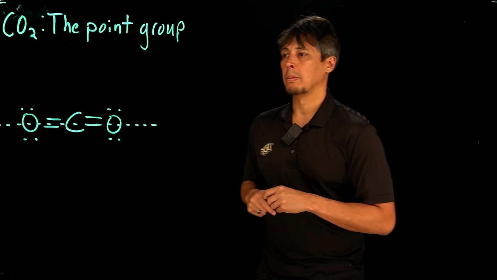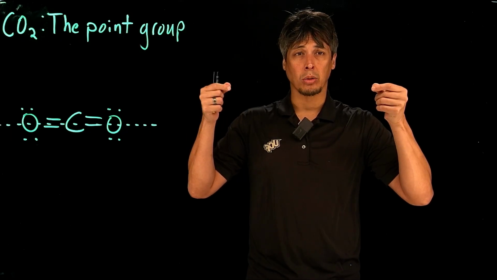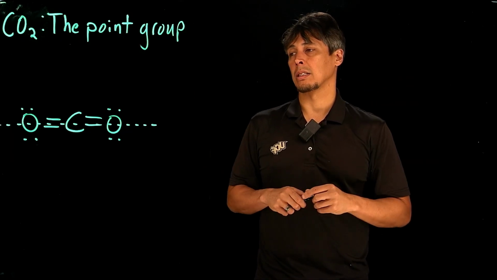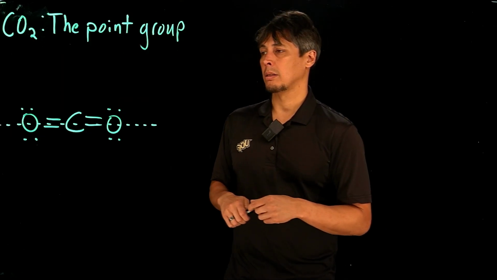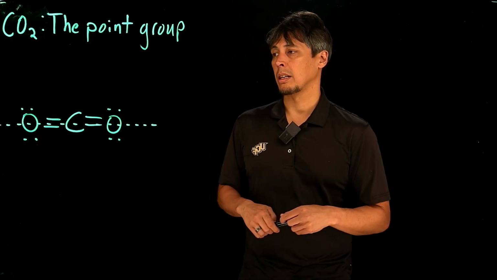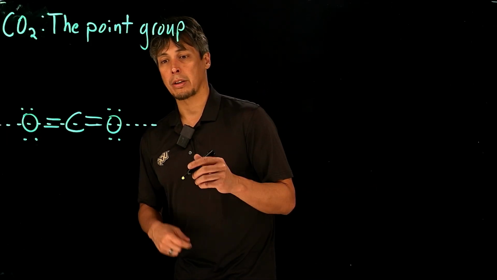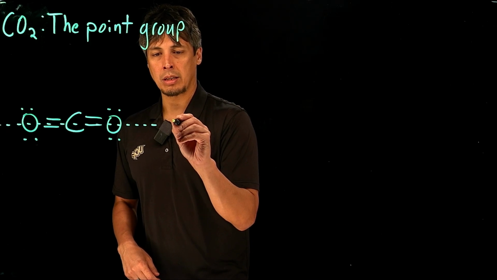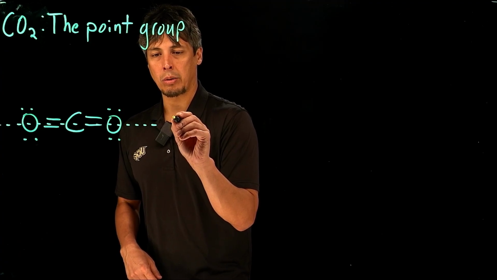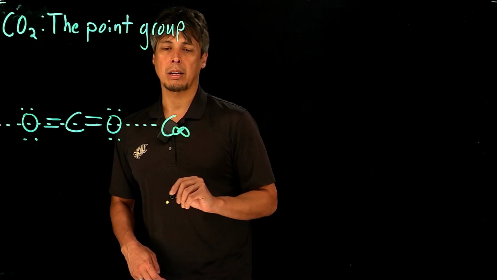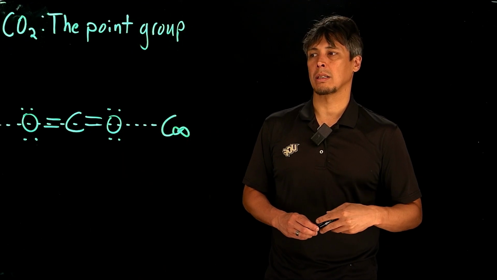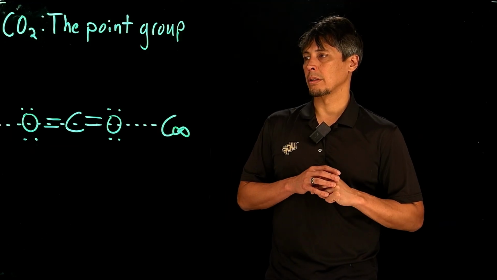No matter what angle we rotate, the carbon dioxide remains the same. The carbon and the two oxygen atoms remain in place. Because it doesn't matter what angle we rotate, this is called a C infinity axis, a rotational axis of infinite degrees.